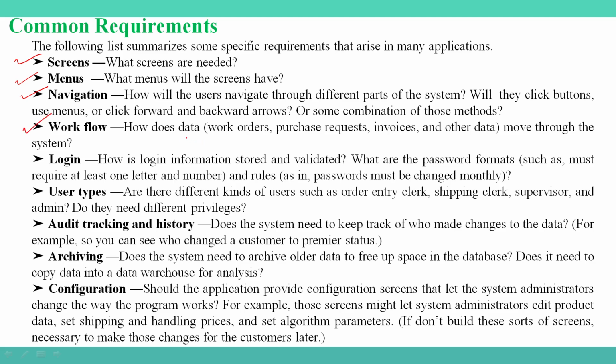What screens are needed, what menu is needed, how the users will navigate through different parts of the system, then how data moves through the system, what login information is required and how it is stored and validated, what the different user types are, for example order entry clerk, shipping clerk, supervisor, manager, etc. Then audit tracking and history: how your data is audited.